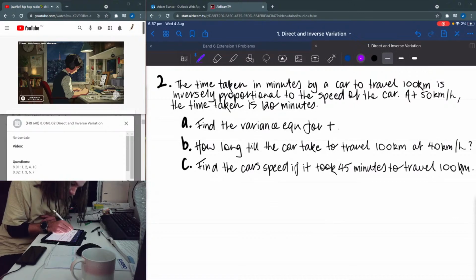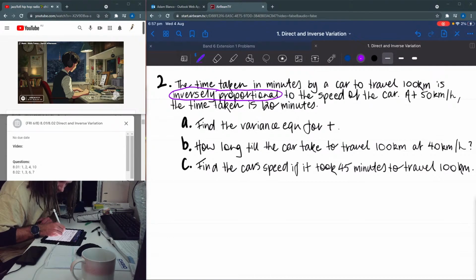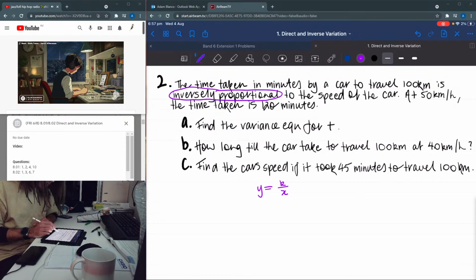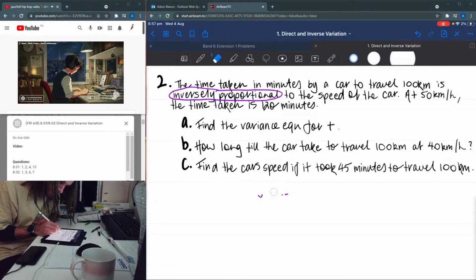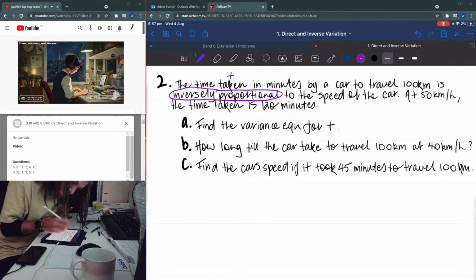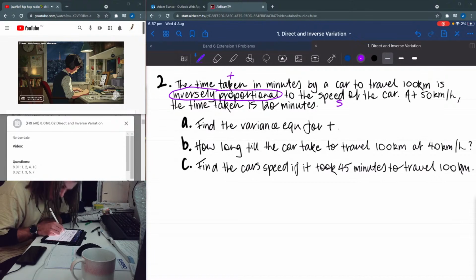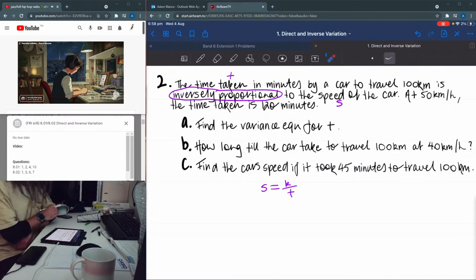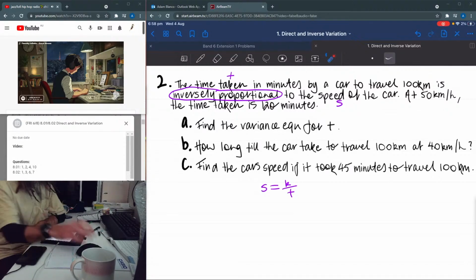So the second it says inversely proportional, your first instinct should be, okay, I need to write y equals k on x. Now, I'm not using y's and k's. Well, I can, but let's write it as time and speed. So S is equal to K on T. I've written it that way because it makes a little bit more sense, but actually no, I'd probably write it the other way.